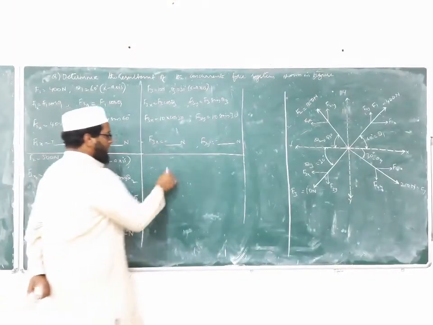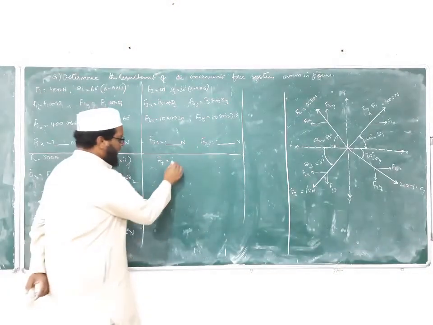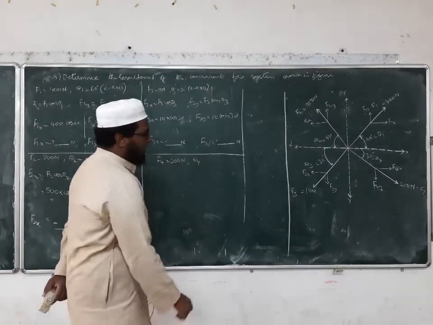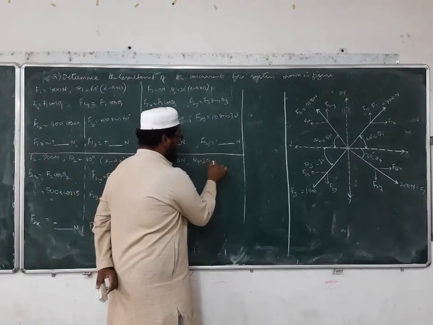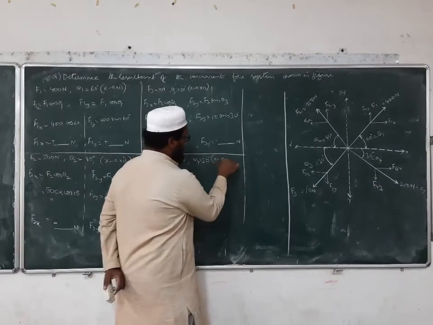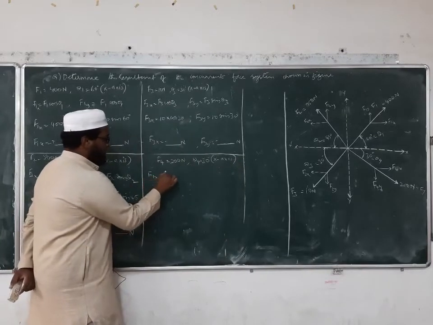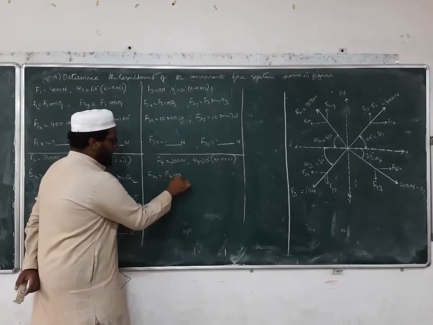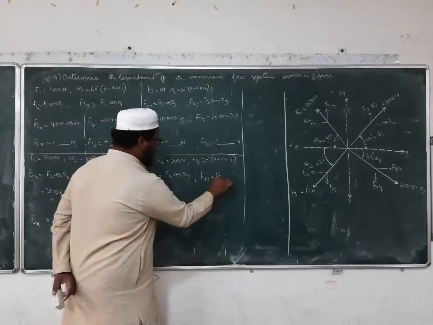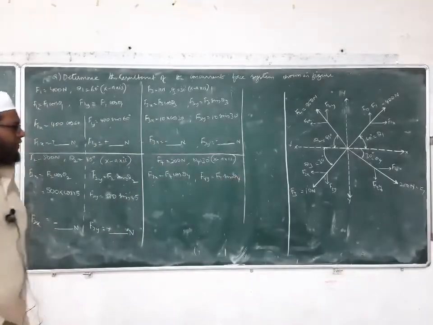Then we have one more force, that is F4. What is the value of F4? 200 newtons. What is the value of theta 4? It is 30 degrees. It is making an angle of 30 degrees with which axis? Again the x axis. So F4x is equal to F4 cos theta 4 and F4y is equal to F4 sin theta 4. Able to follow this one?